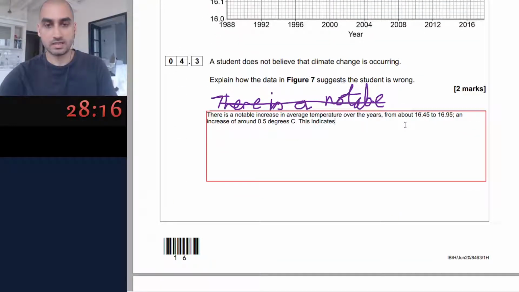This indicates that climate change is taking place. What else can you say?